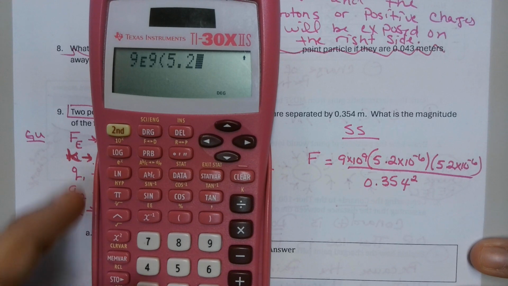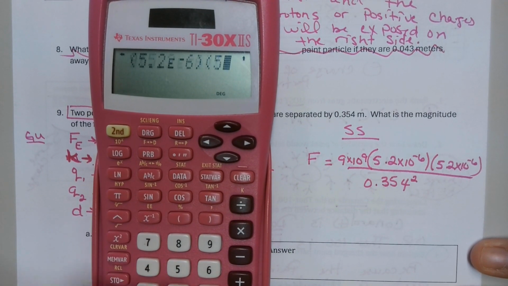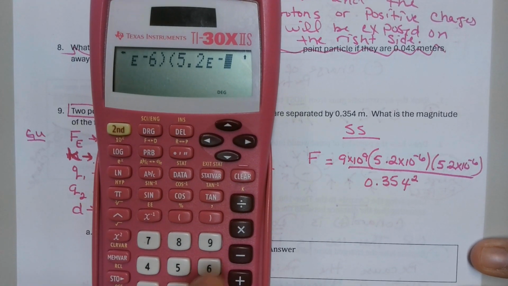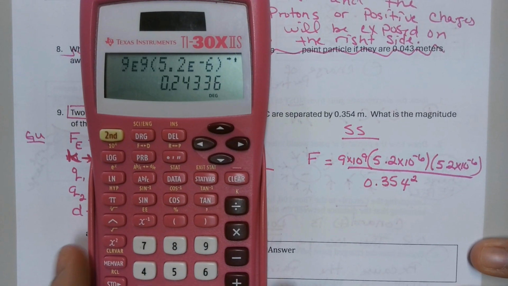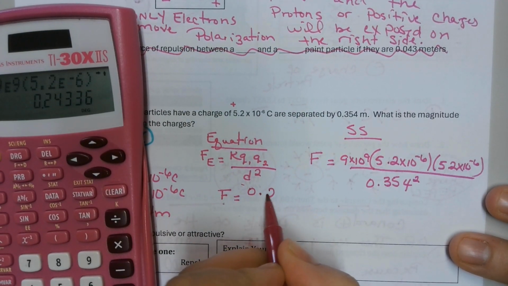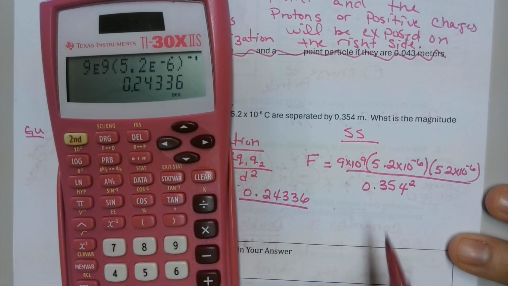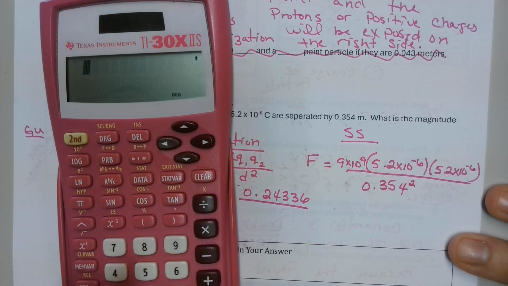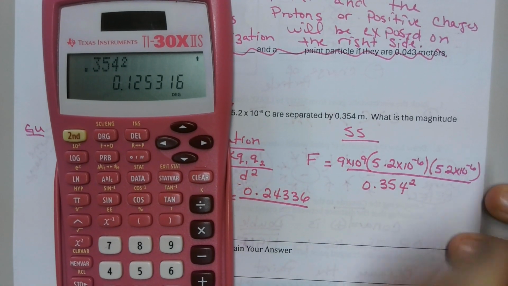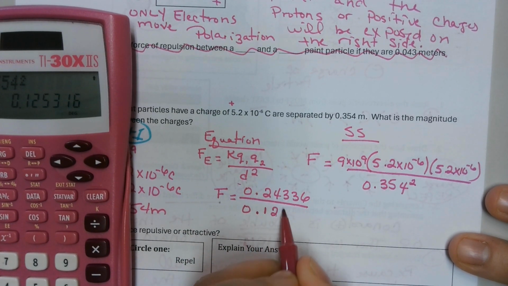So 5.2 e to the negative 6, open parentheses, 5.2 times e to the negative 6. And then this is the top of the fraction: 0.24336 all over, now I'm going to square. Don't forget to square. But if you do, show all your work, because then I can give you every single one of your points and then minus 1 for not squaring. So then it won't be as bad when you get points docked off.